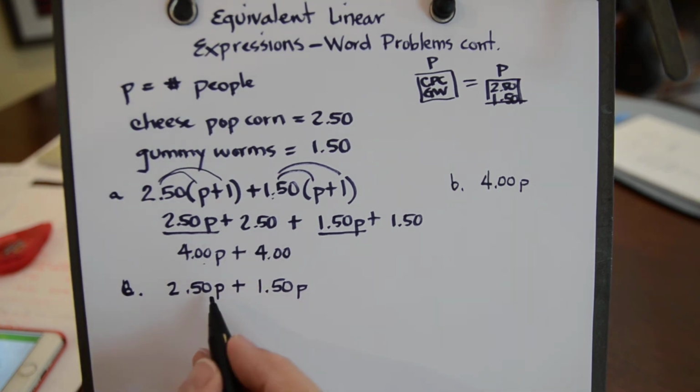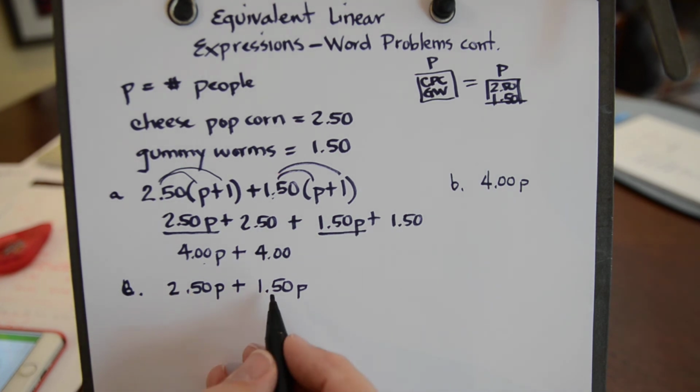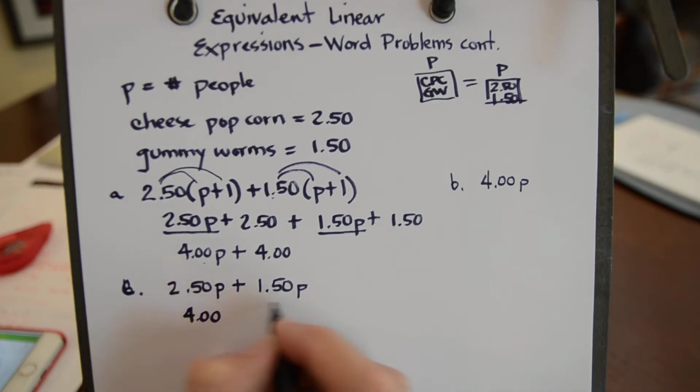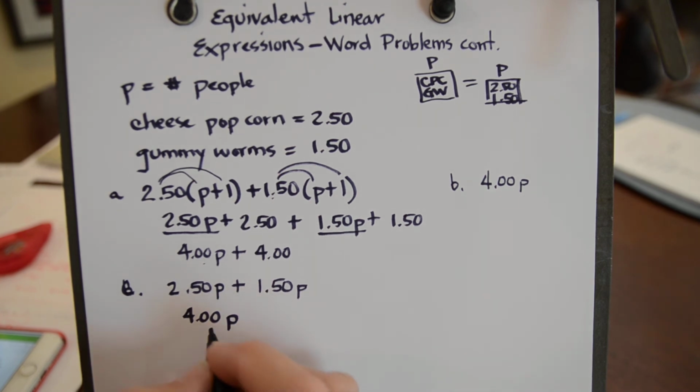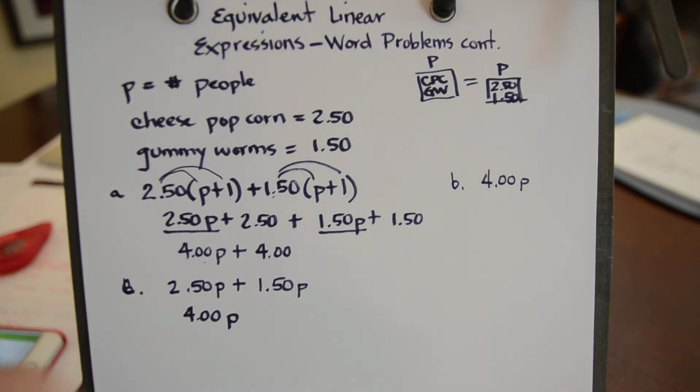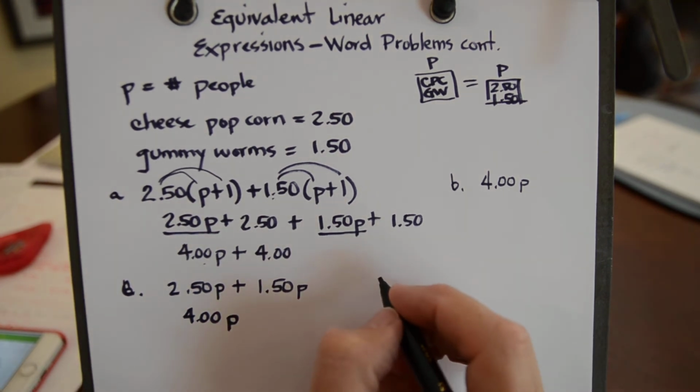So I've got two sets of like terms and I can add them together. The 2.50 plus the 1.50 gives me $4, and I have to include the P's, and that's as far as it goes. And then I've got the last choice, which would be D right here.